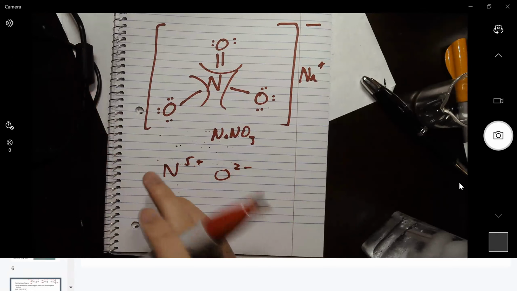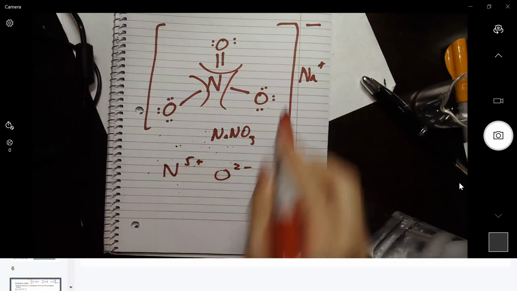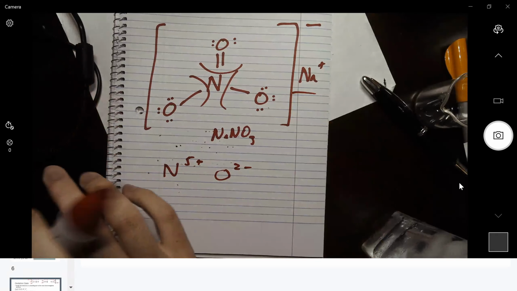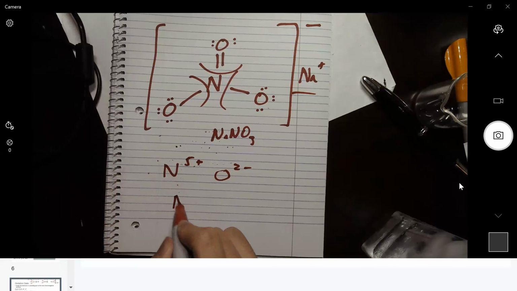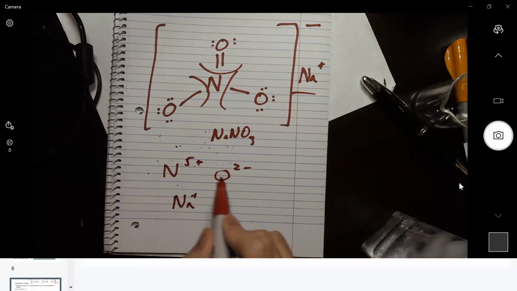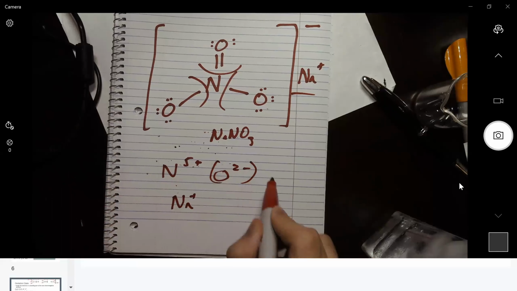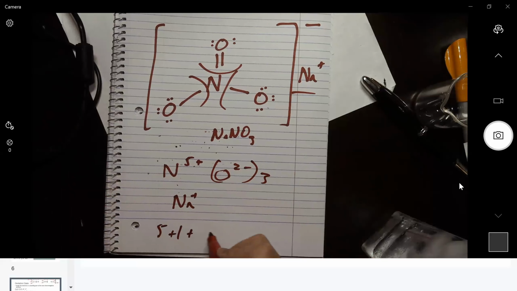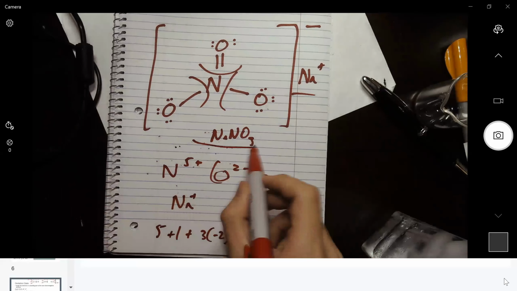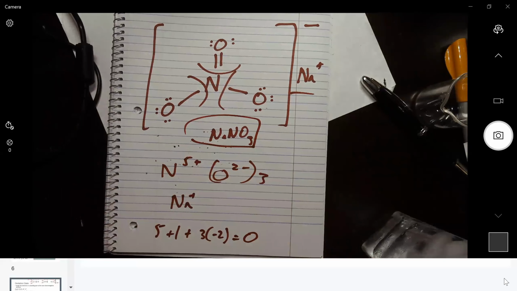And what about the sodium atom? 1 plus. And notice we have to multiply this by 3. So 5 plus 1 plus 3 times minus 2 equals 0. This is also 0. So it's good.